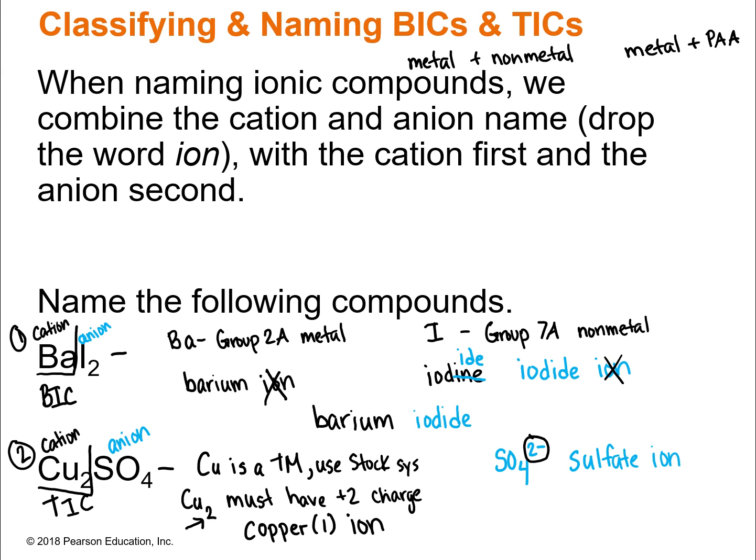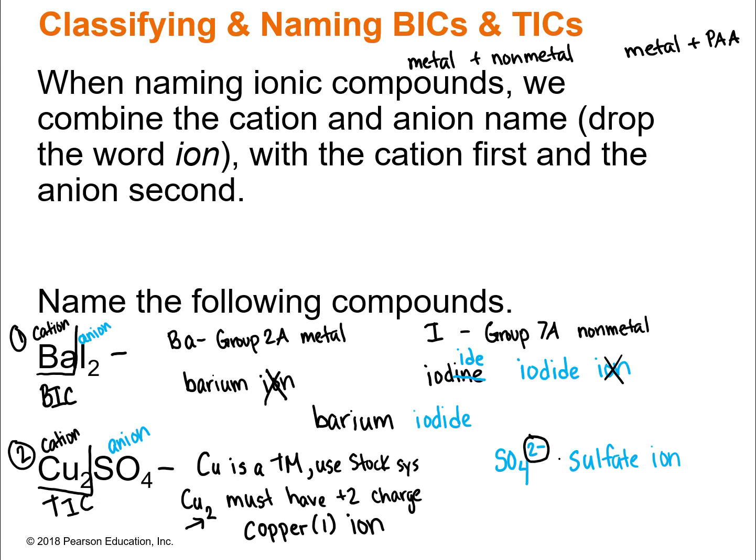But if we break this compound apart into the cations and the anions, those will have a charge. When we bring them together, they cancel each other out. And because we know that the charges have to cancel each other out, we can figure out the charge of our cation. The sulfate has a charge of 2 minus.